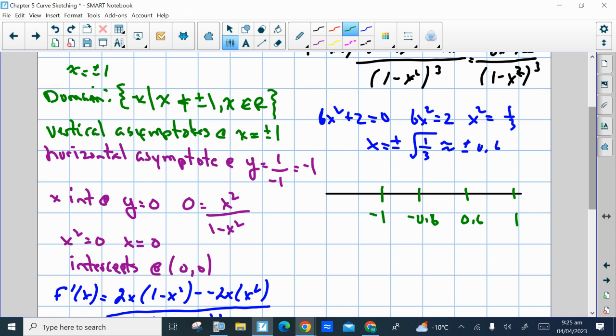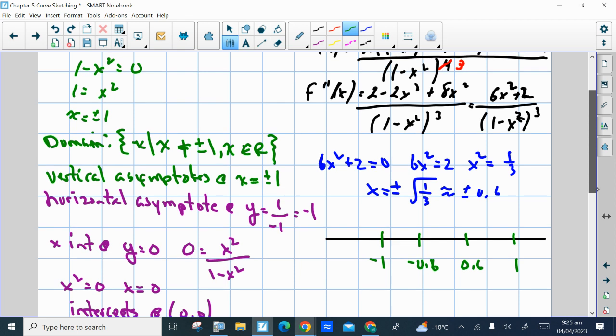Now again, we already know that at negative 1 and positive 1, the function has vertical asymptotes there. So there will not be points of inflection there, but again, we still may want to know whether it's concave up or concave down in those intervals.